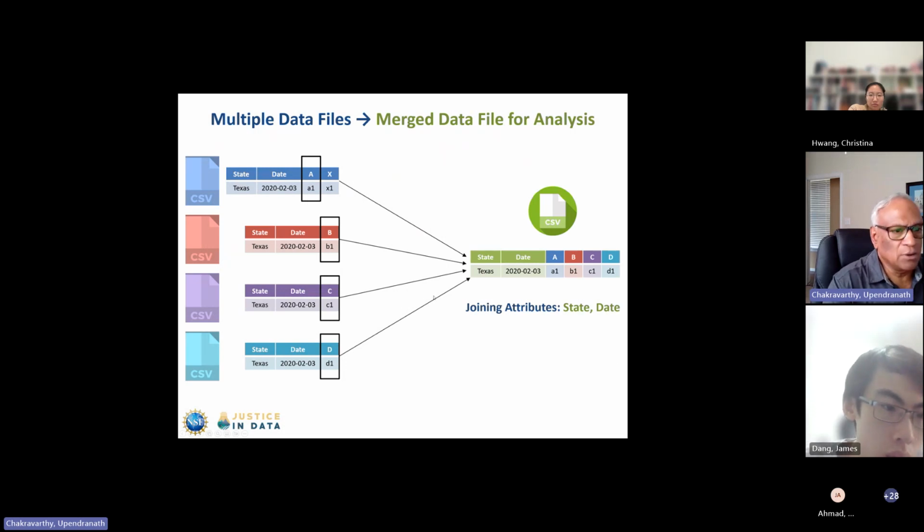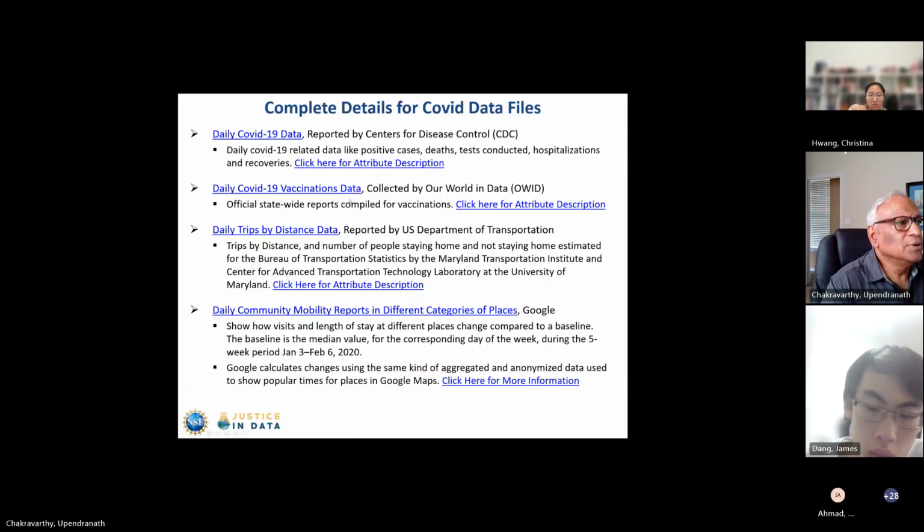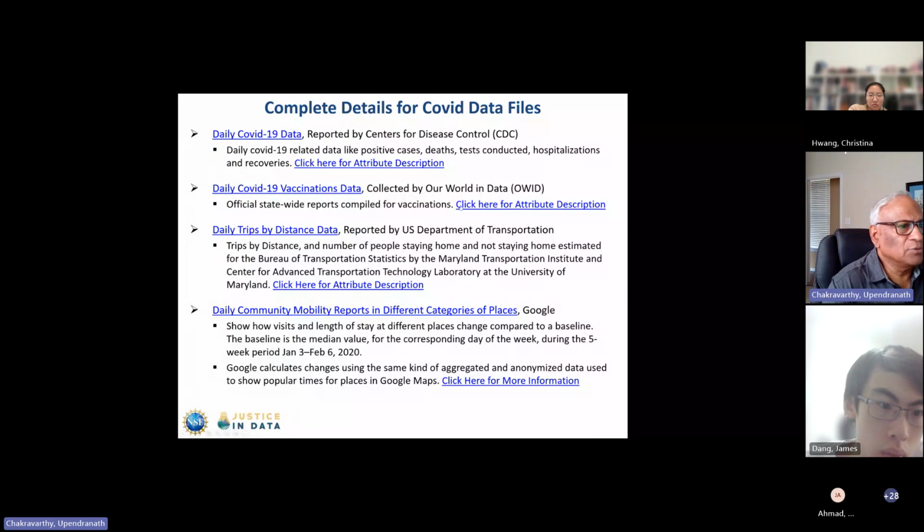This is how we decided to merge this data on our own, because we had to write a piece of script to do that. If it was in a DBMS, we could have just run a join command. I'm not going to go through the complete detail.